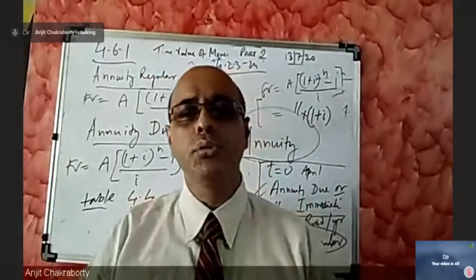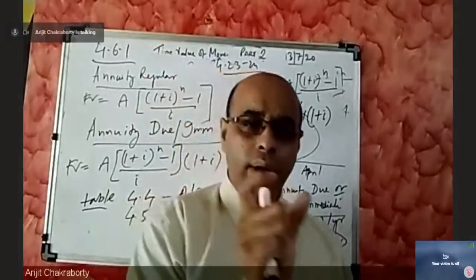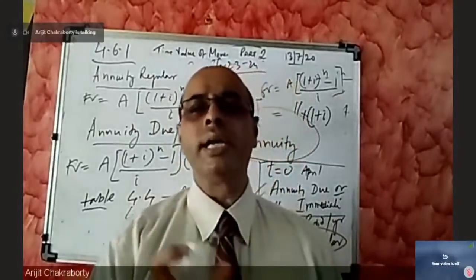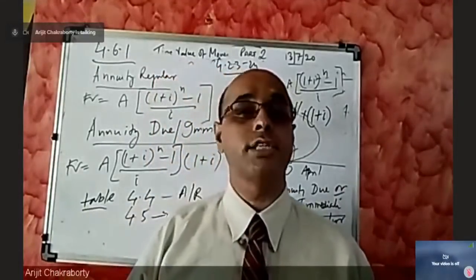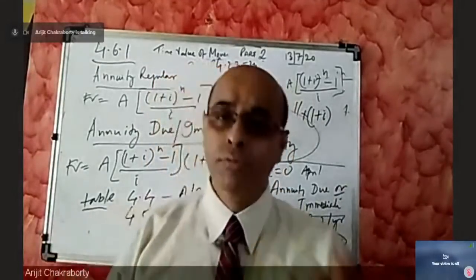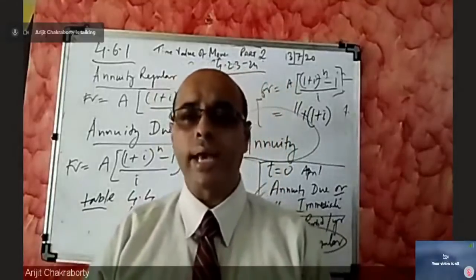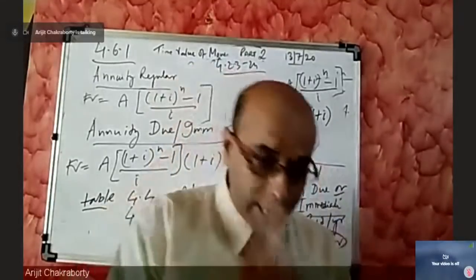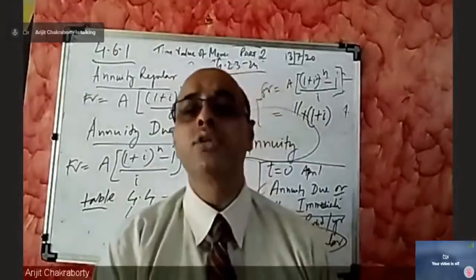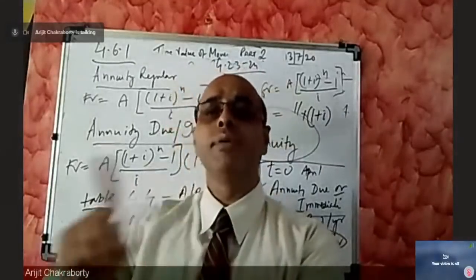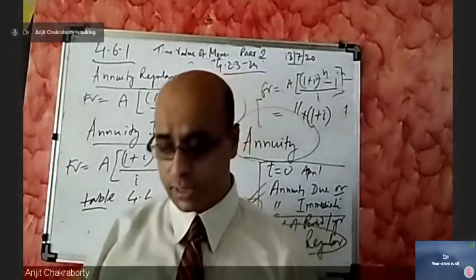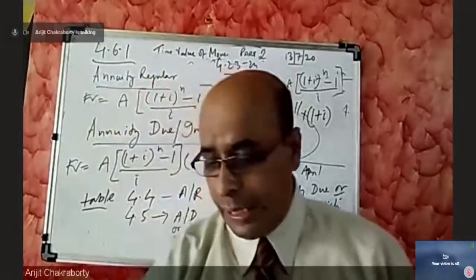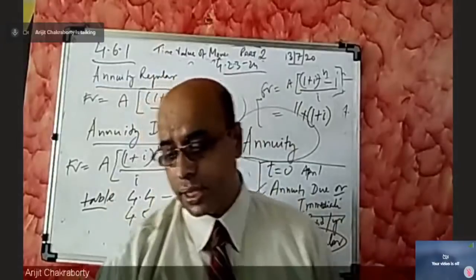Applying the rule of simple interest, where interest is equal to principal into interest rate into time, I get 1,070 as my amount, my accumulated balance, also known as the future value. So today's 1,000 rupees is equivalent to 1,070 rupees, which I'll be getting after 1 year, provided the interest rate is 7%.